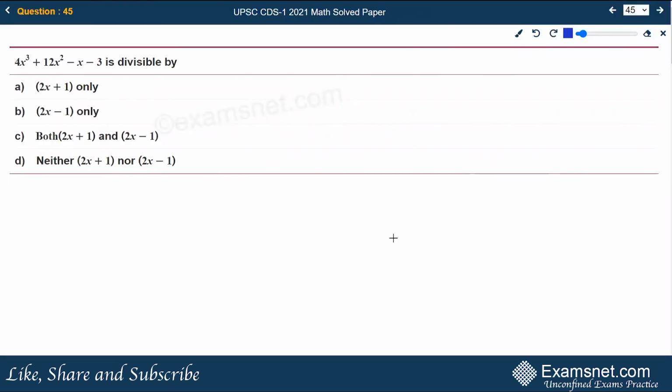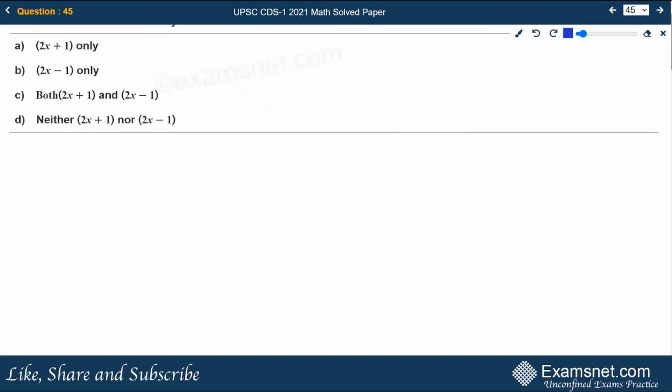In question number 45, we are given 4x cube plus 12x square minus x minus 3 is divisible by. There are 4 such options, and all of them are related with 2x plus 1 or 2x minus 1. Correct.